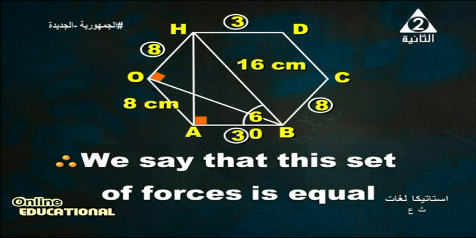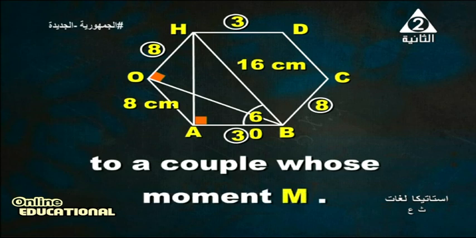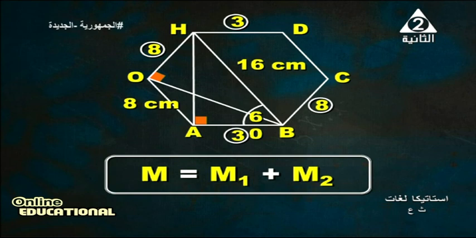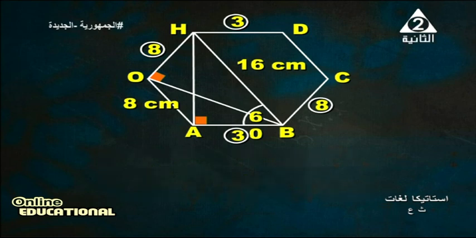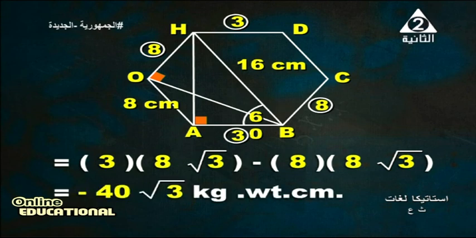We say that this set of forces is equal to a couple and its moment is M1 plus M2. We calculate M1 and M2. 3 times 8 root 3 minus 8 times 8 root 3 equals negative 40 root 3 kilogram.